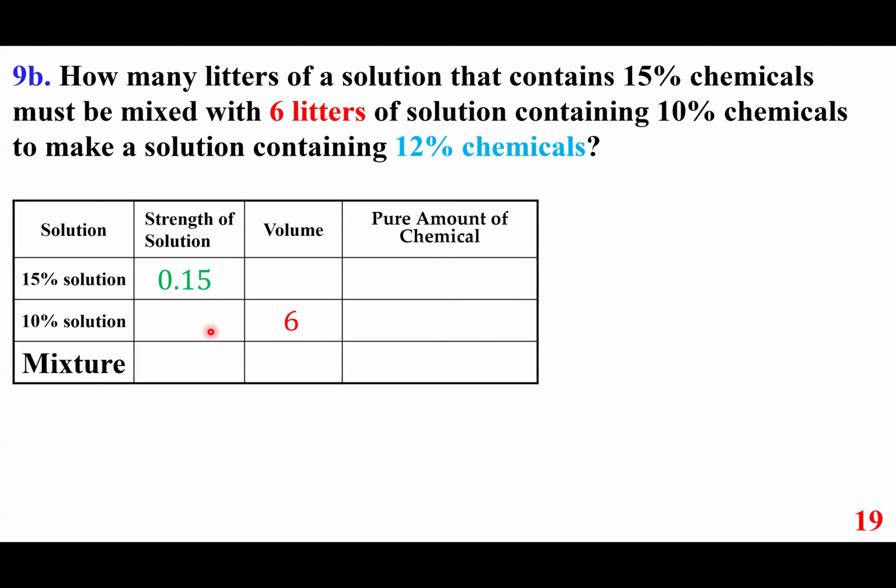By the way, we have 6 liters of 10%, right? This is 15%. We have 6 liters of 10%. And this is 0.12. So I wanted to put the numbers in the order that I received. This one is 6 liters of 0.1 and 0.12.